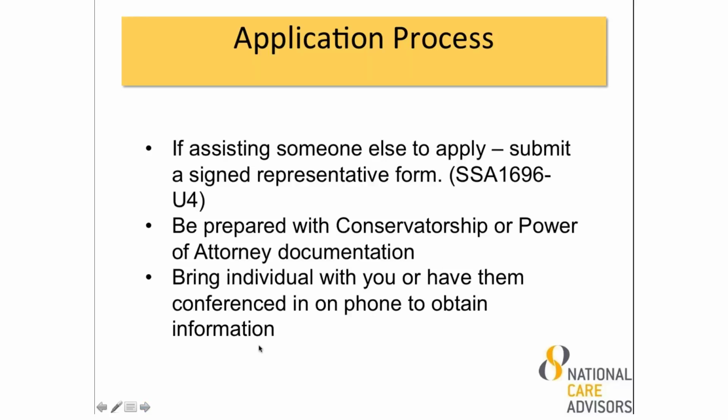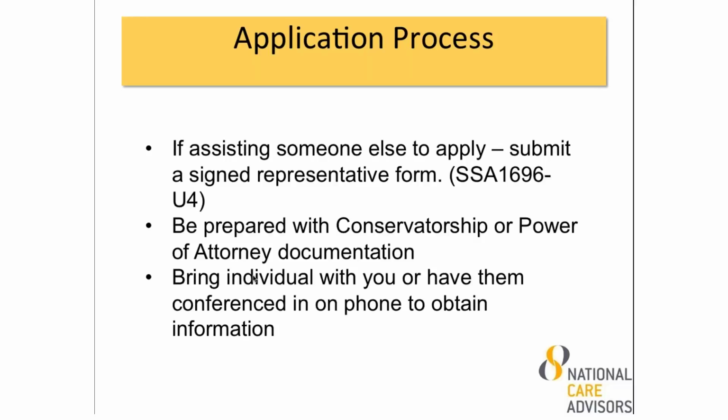If you're assisting someone else to apply for Social Security or SSI benefit, it's really important that you submit a signed representative form. These forms are readily available on the website. I've given you the specific form number here.